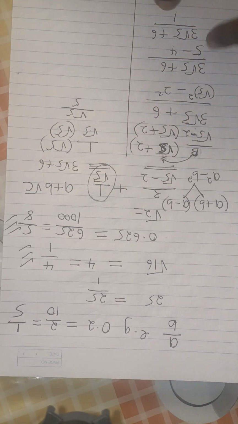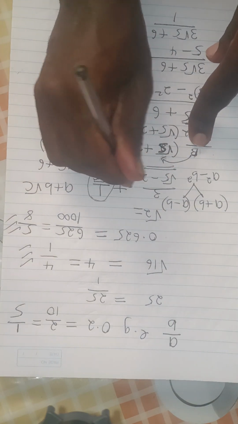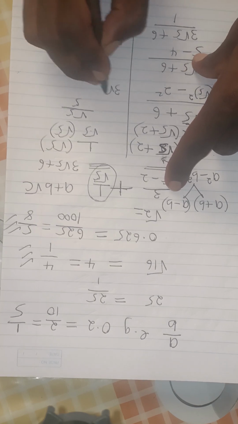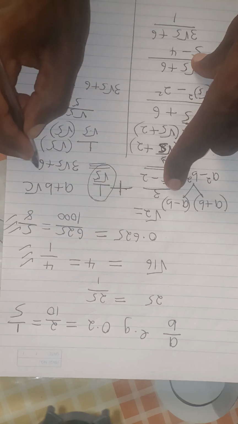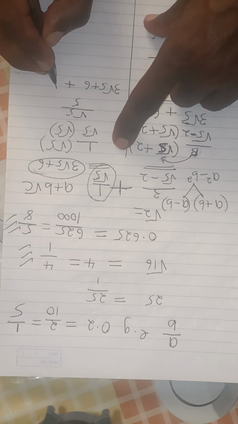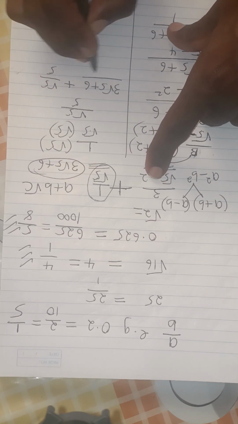Okay, so you're supposed to take this and then plus this because the sign between them is positive. So we shall have this 3 root 5 plus 6, then plus, of course, this is what we have as our answer for the first part. Then plus root 5 over 5. We shall say let this one be over 1.